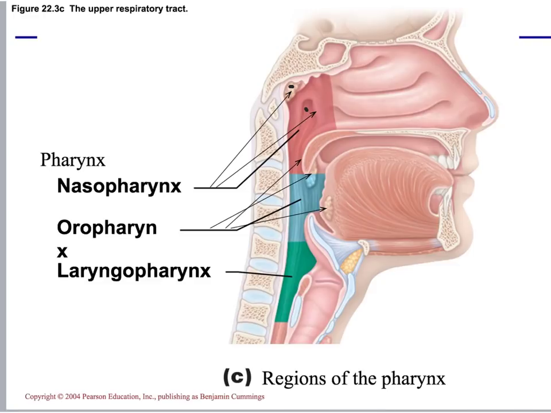Components of the oropharynx, it's primarily what we find over there, is the palatine tonsil and the lingual tonsils. So this area of the pharynx, from here and below, all the way down to where you see the green, is the common passageway for both food and air. The nasopharynx, on the other hand, only allows for the air to pass through.